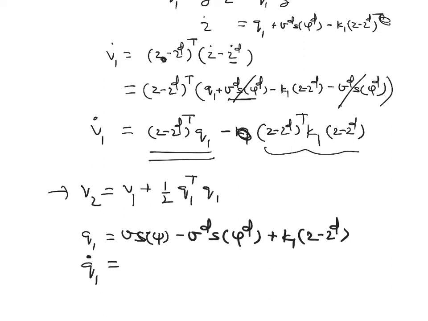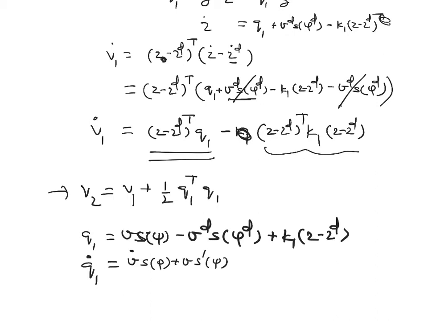So q1 dot will be v dot s psi, and then plus v s prime psi.